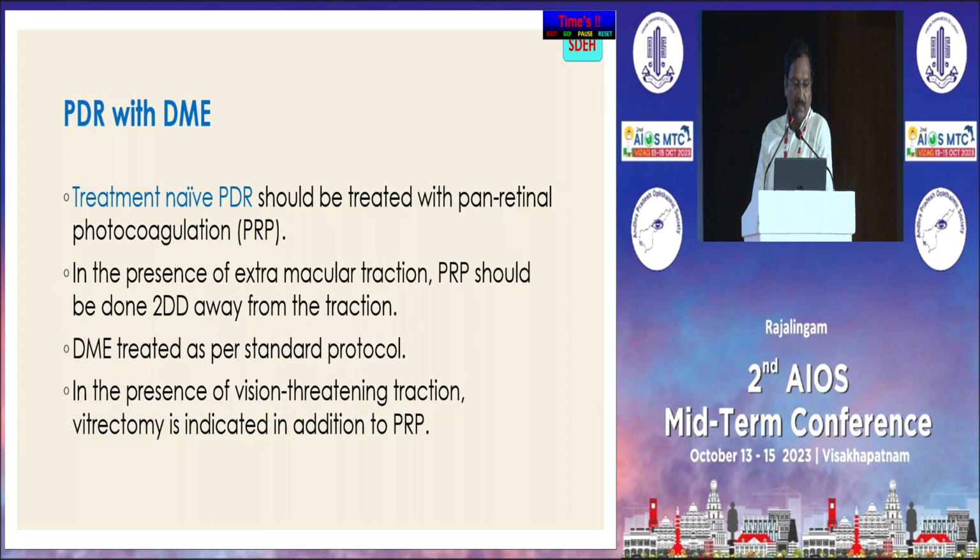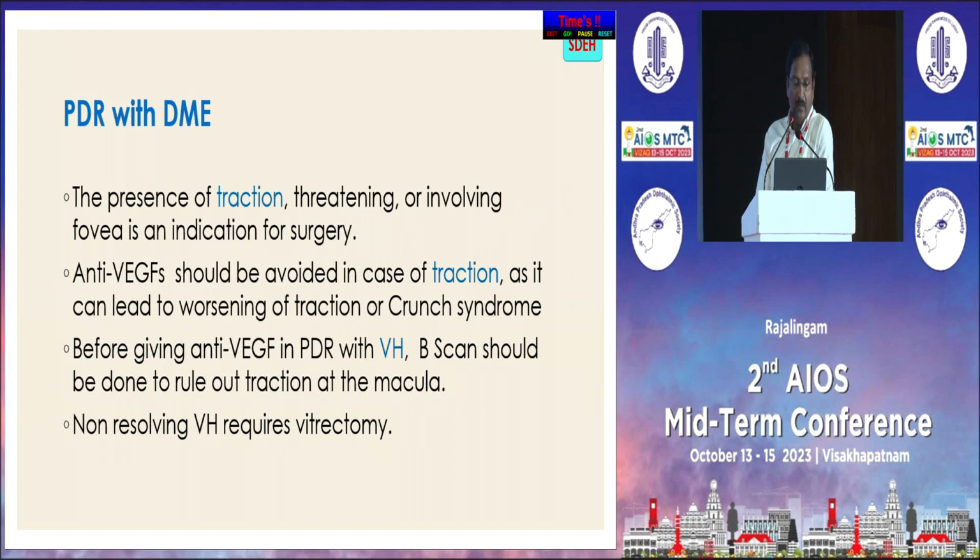Then PDR with DME. Treatment-naive PDR should be treated with panretinal photocoagulation. In the presence of extramacular traction, PRP should be done 2 disc diameters away from the traction. DME is treated as per standard protocol. In the presence of vision-threatening traction, vitrectomy is indicated in addition to PRP.